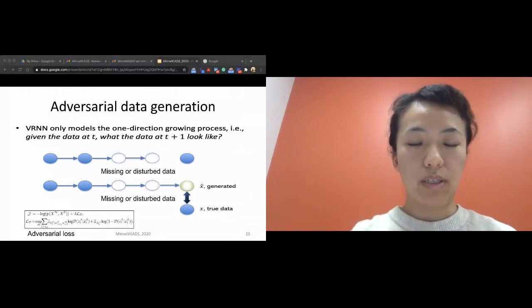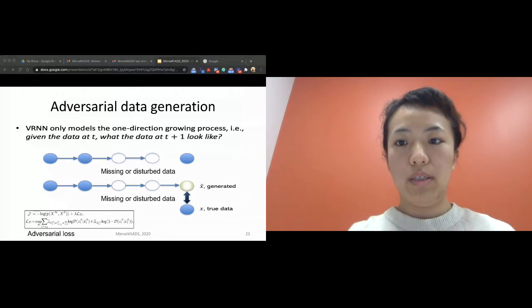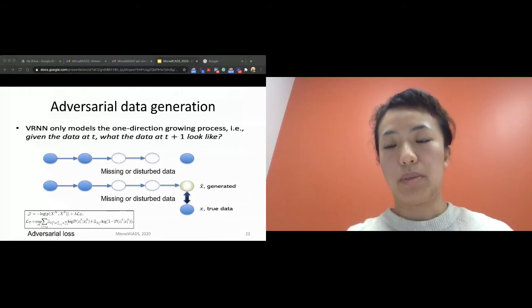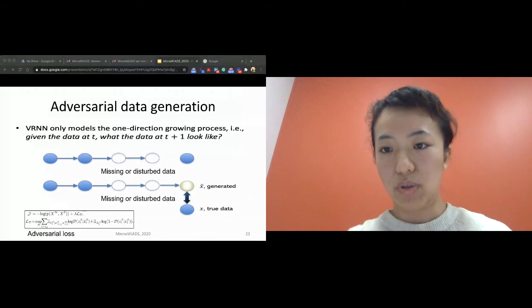And I can quickly show you the validation. Here we were generating data for July 24th to September 2nd, using data from before July 24th and after September 2nd. And we measure the generated data in terms of average distance with the true data.